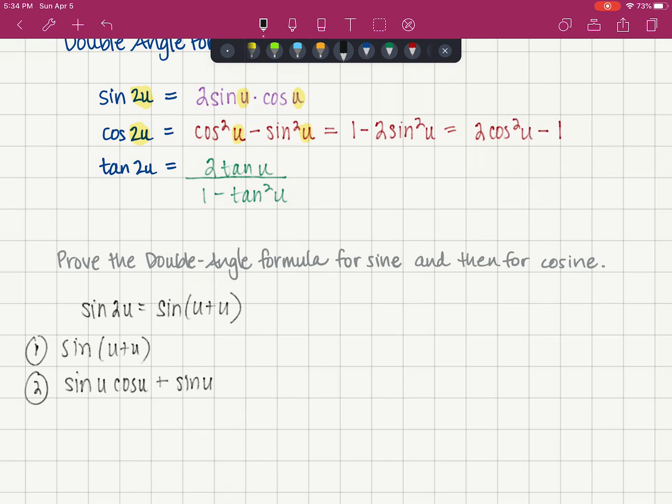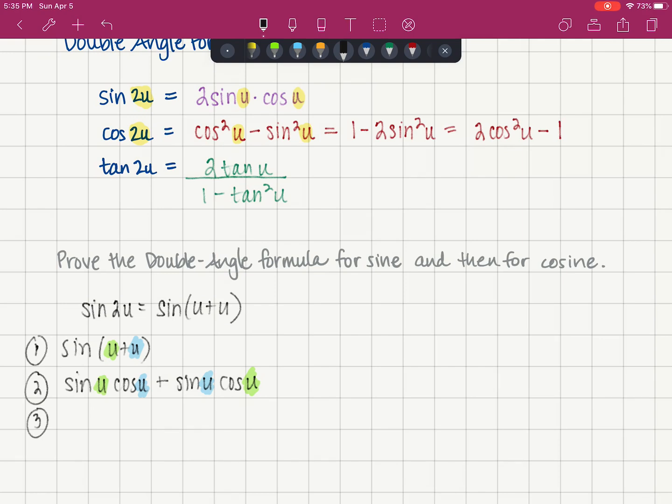The sine of u plus u is the sine of u times the cosine of u plus the sine of u times the cosine of u. I switched the u's, but they're the same thing, so switching them does nothing.